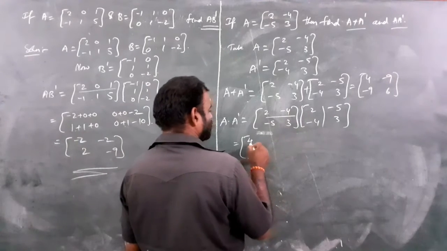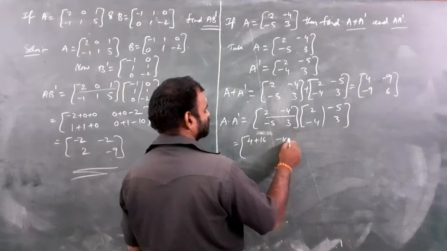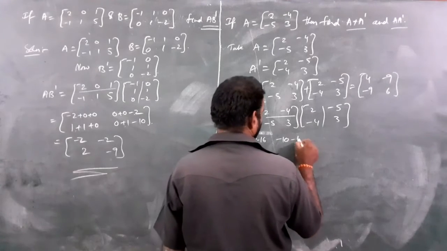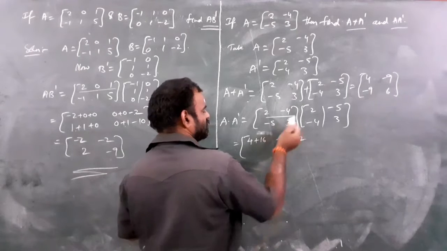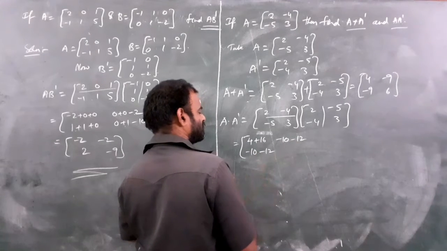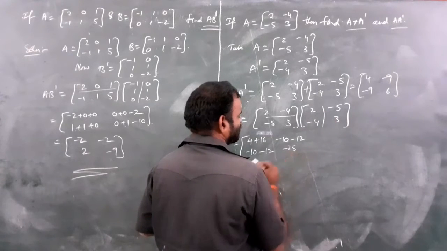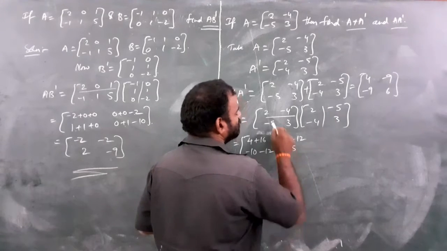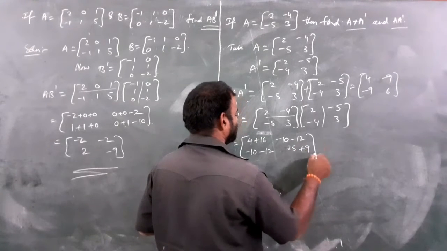2 into 2 is 4, minus 4 into minus 4 is plus 16. 2 into minus 5 is minus 10, minus 4 into 3 is minus 12. Minus 4 into 3 is minus 12, minus 5 into 2 is minus 10. 3 into minus 4 is minus 12, minus 5 into minus 5 is 25, 3 into 3 is 9.